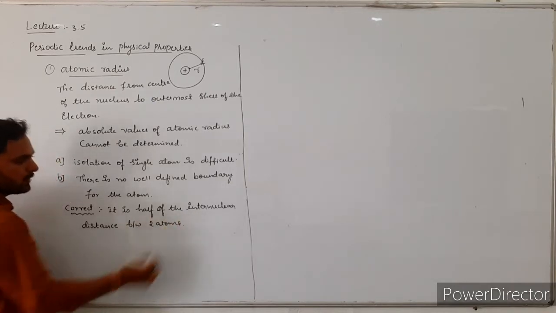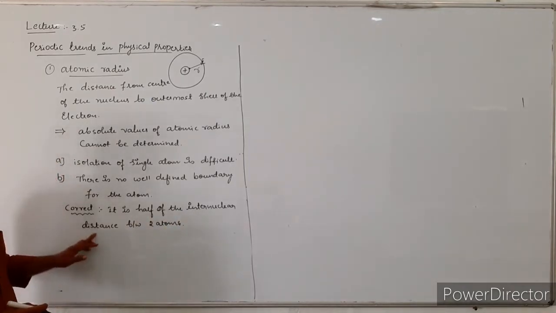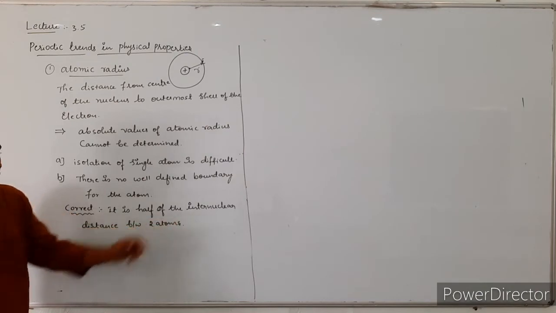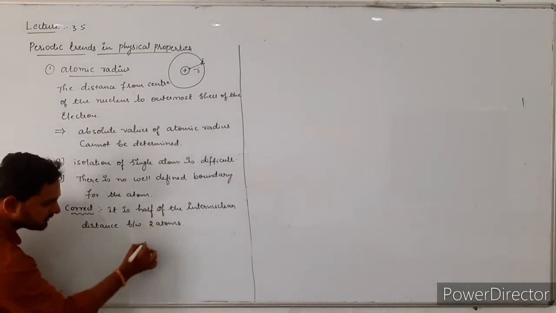What is internuclear distance? The distance between two nuclei is called internuclear distance.